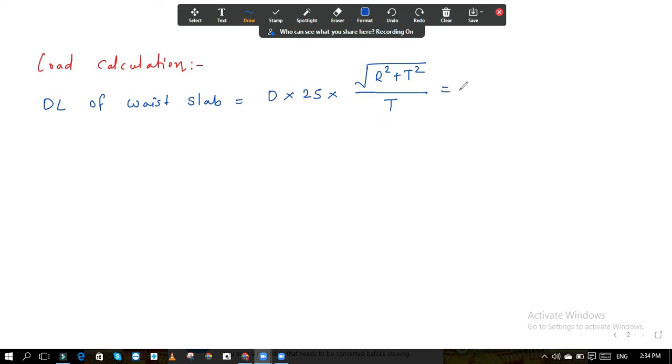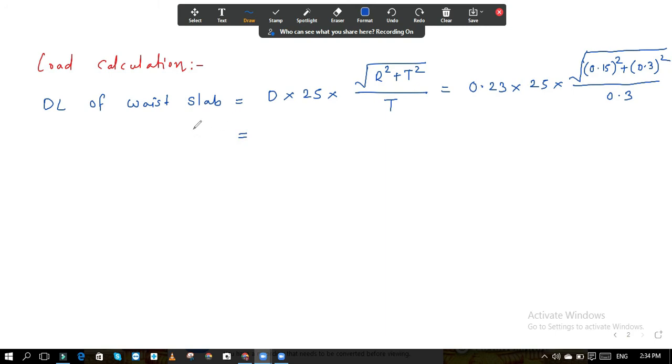Now if you put the value, D is 0.23 multiplied by 25 into under root 0.15 square plus 0.3 square divided by t, 0.3.